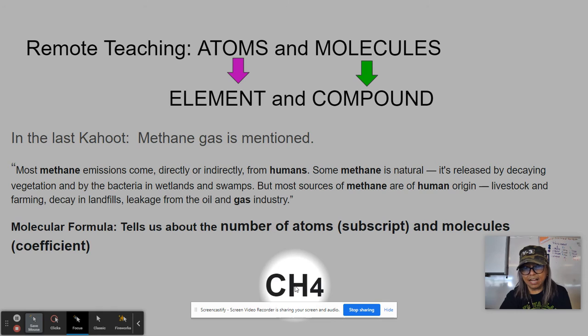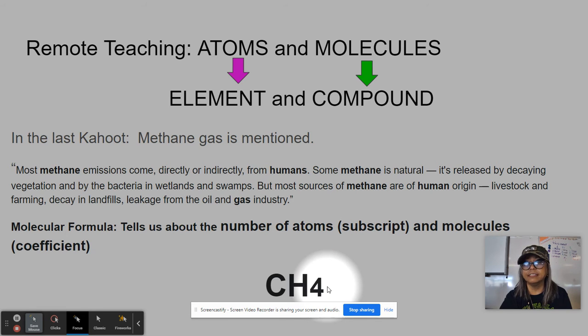Now, interestingly, I hope you can see this now. The formula for methane gas is C for carbon, H for hydrogen. So CH4. So a molecular formula tells us the number of atoms, and that's the subscript.